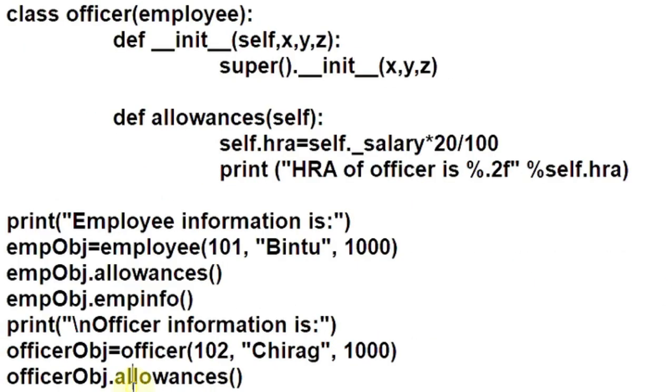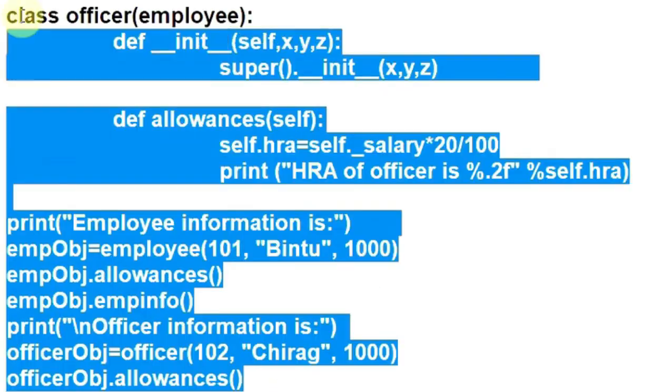Control will jump over here. Invoking the allowances function of the officer class, control will come over here. You are invoking the salary attribute of the employee class and there will be no error because it's a protected attribute and the officer class is inheriting the employee class, and a protected attribute can be used by the inheriting class also. So HRA is calculated as 20% of the basic salary and it is displayed.